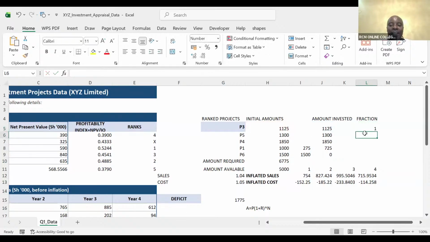They enter, and then they come and drag this down nicely. They drag this down here, like that. This should not have come to 1. That must be something to do with rounding off. No worries. I'll be able to sort that out.